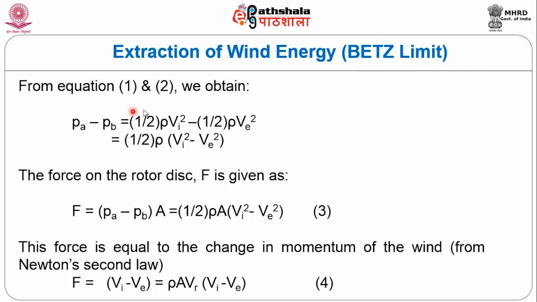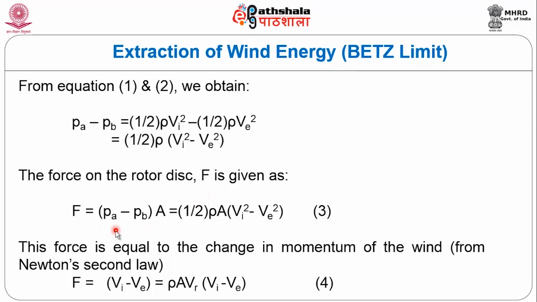Here from equations 1 and 2, we have taken the pressure at A and the pressure at B, and after simplifying we arrive at this equation: P A minus P B equals half rho into V I squared minus V E squared. Then, about the pressure difference, the force on the rotor disc, F, is calculated. What is the force on the rotor disc?